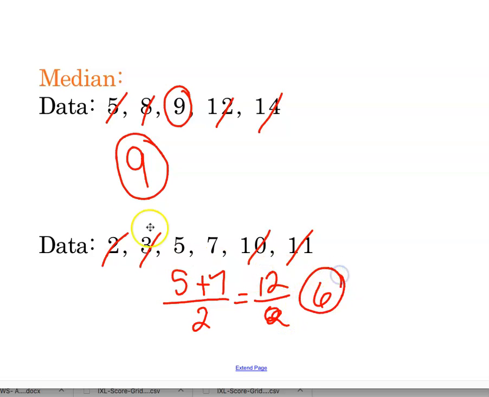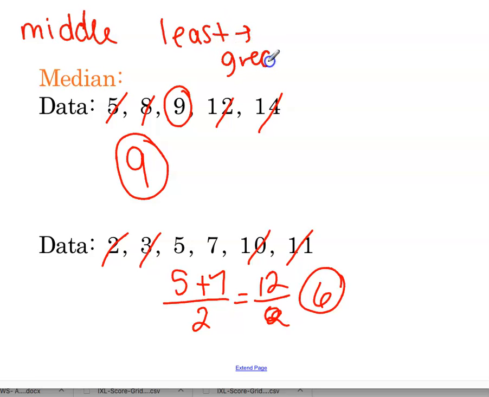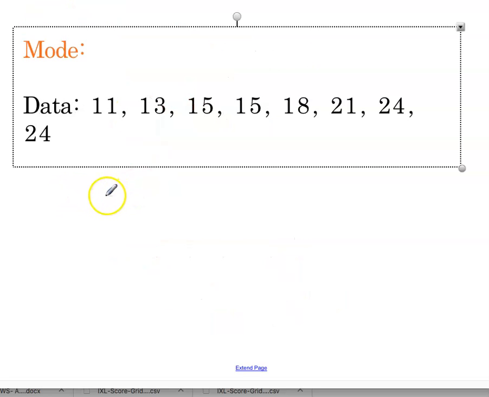So in this case, our median is 6. The median is the middle, but don't forget the data always has to go from least to greatest before you can find the median. So the mode is the one that occurs most frequently, and this one is bimodal. That means there's 2 modes. It is actually 15 and 24 because they both occur twice.